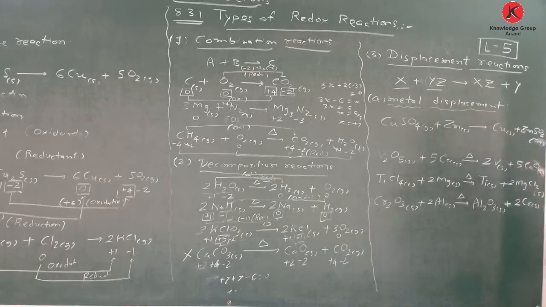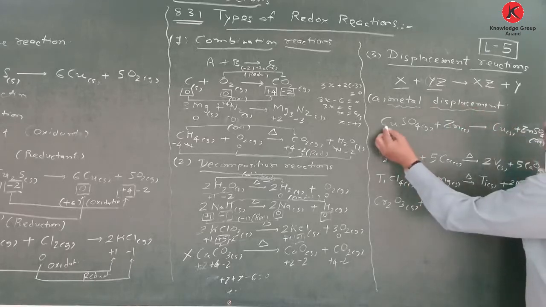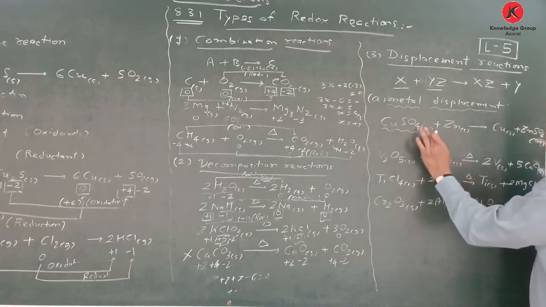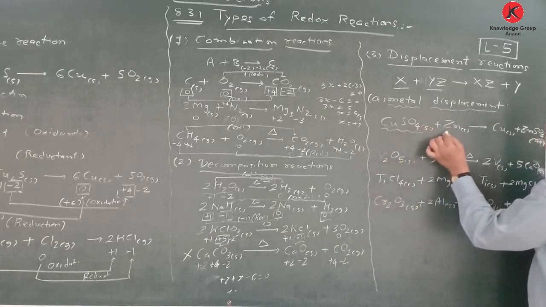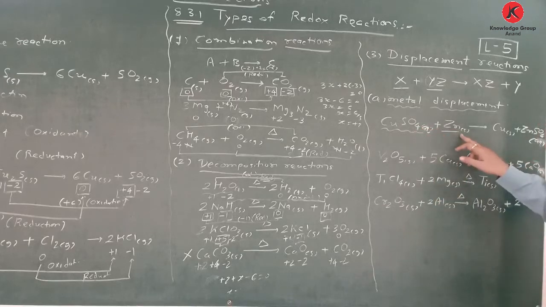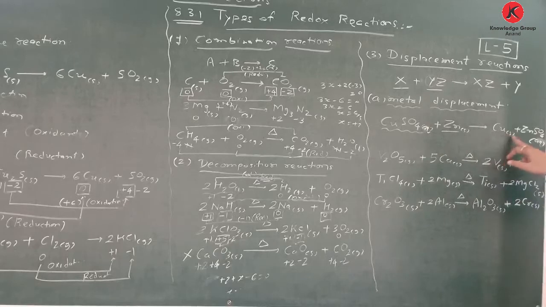The first example is metal displacement. CuSO4 aqueous plus Zn solid gives Cu solid plus ZnSO4 aqueous.